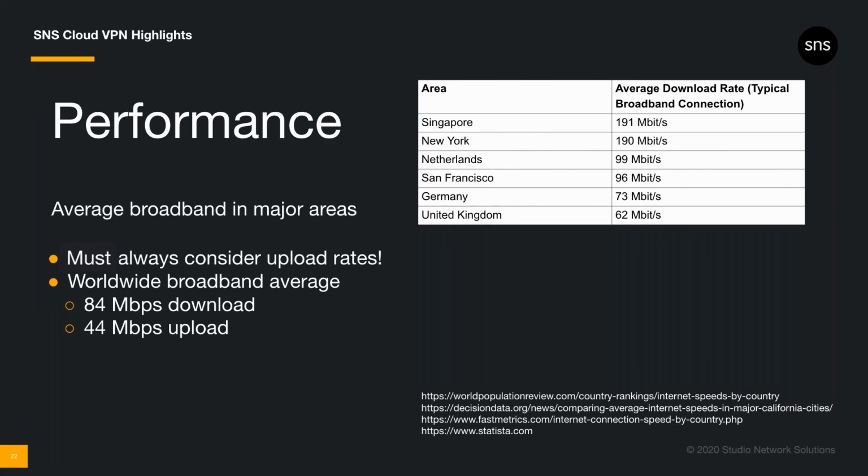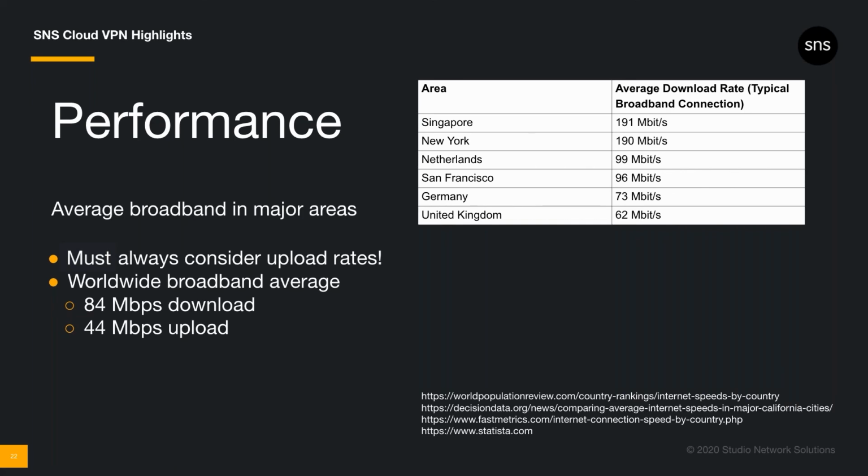This table isn't necessarily indicating performance of SNS VPN. It's just showing average download rates for typical broadband in some major areas. But SNS VPN is a cloud service, and we're always going to have to consider that the performance question includes the connection speed at your office and the speed of your remote users.